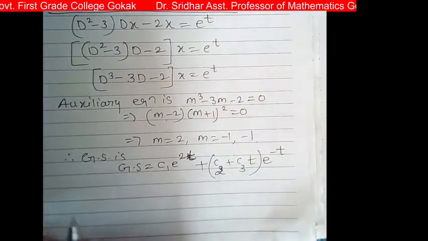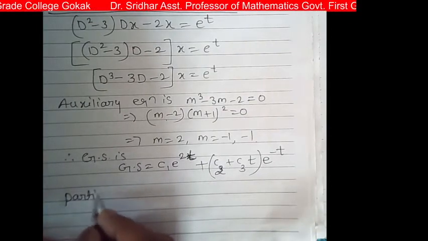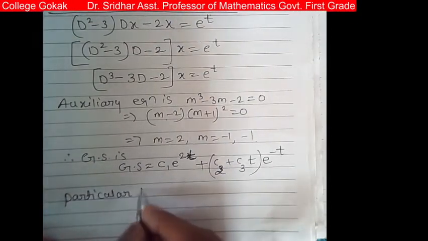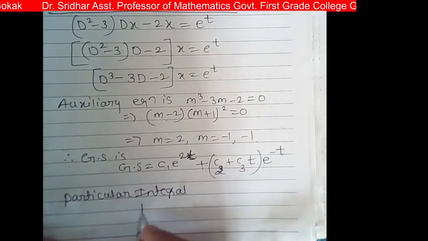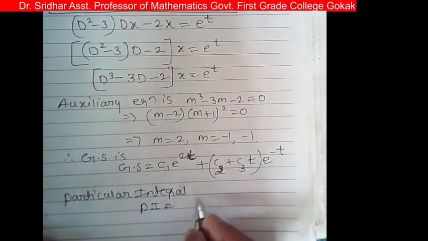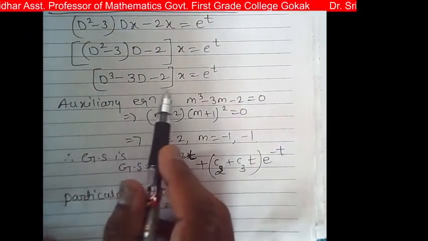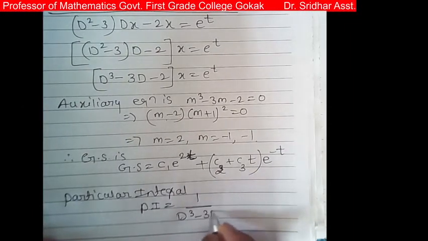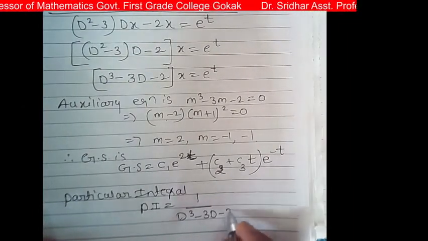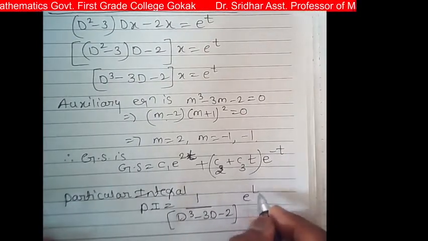Next we obtain the particular integral. The particular integral is given by PI is equal to 1 divided by D cube minus 3D minus 2 of e raised to t.